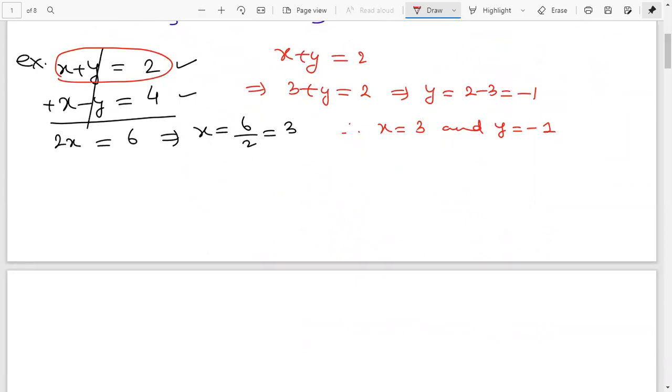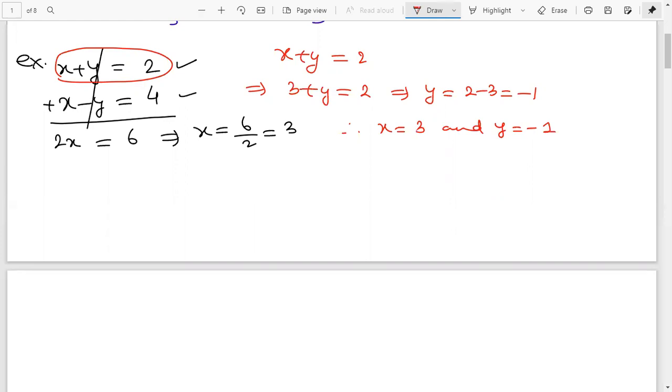Yes. Sir, I have a doubt. If they give any two equations with x and y, we need to compulsorily use this method to find any one value, right? I'm discussing that question only. I'm asking, is there any other method possible, or is this the only method? We'll discuss all the methods. This is one method, many methods are there.